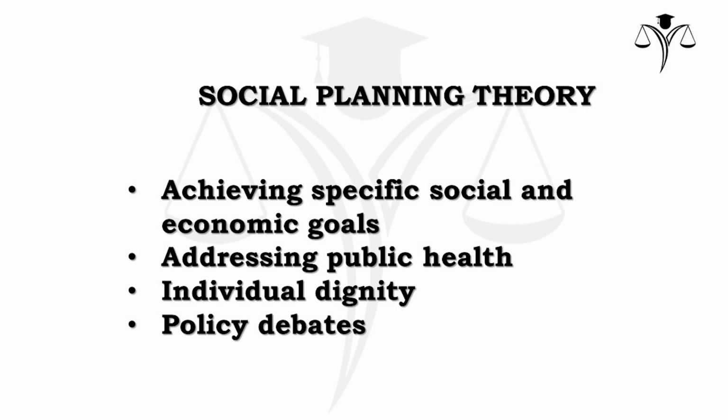Social planning theory. The core principle of the social planning theory is that IP rights have to be tailored in a way that the particular IP right should achieve social and economic goals. Beyond the individual creator's rewards, this IP creation must achieve something socially. Some economic goals should be there.